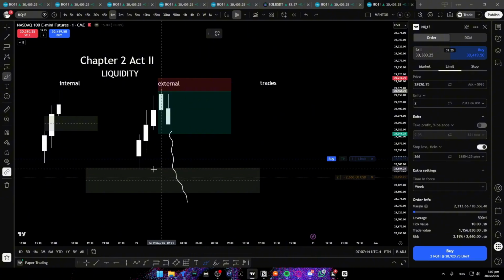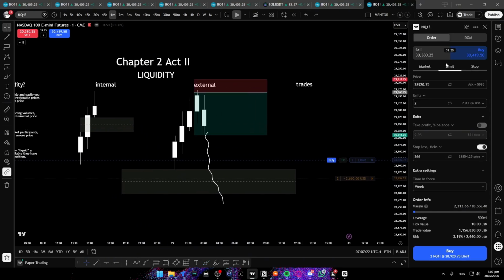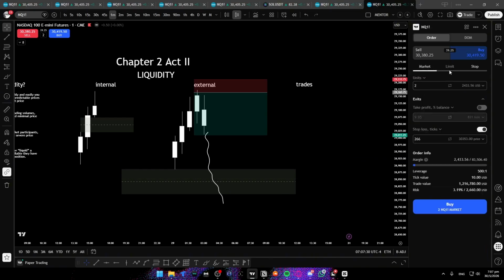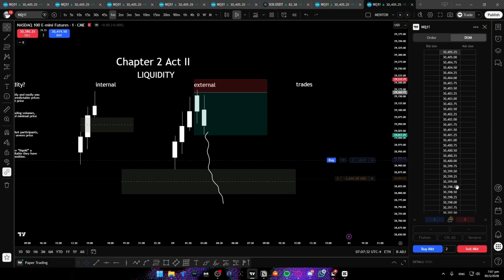And since we are all selling, the big people who want to buy at a discount can buy, because remember, in order to buy, we have to buy from someone who's willing to sell. That's how the market works. If I show you the DOMs, it's basically just people matching each other's orders, right? Let's say I want to buy at this level, okay?